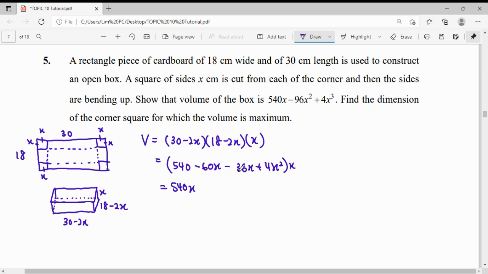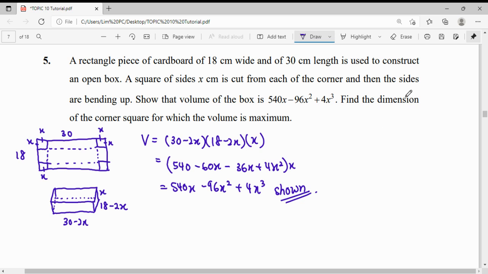So here we can simplify it to become 540 minus 96x plus 4x squared, and then times x, so x cubed. So finally we managed to show that the volume of the box is this expression.